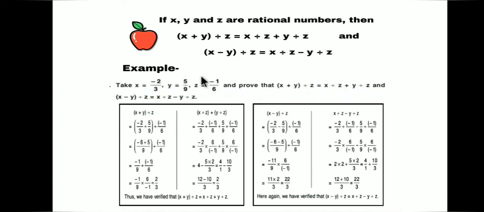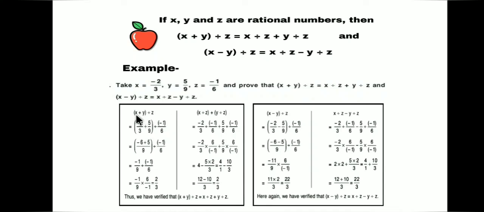Let us take one example. If we have three rational numbers, minus 2 upon 3 as x, y is equal to 5 upon 9 and z is equal to minus 1 upon 6, then first we will prove x plus y divided by z is equal to x divided by z plus y divided by z.